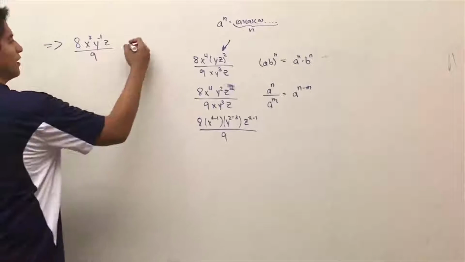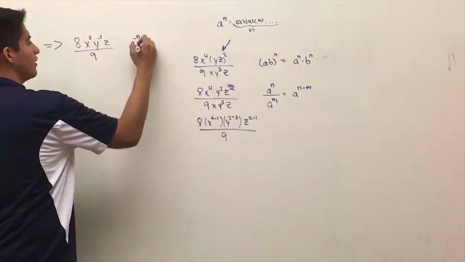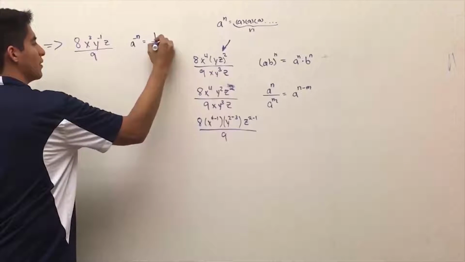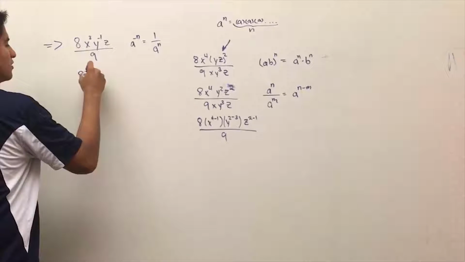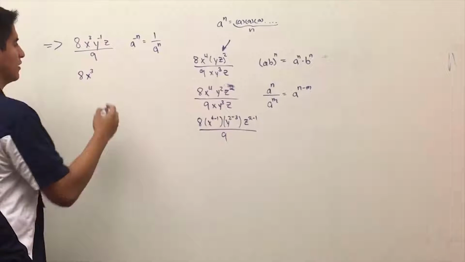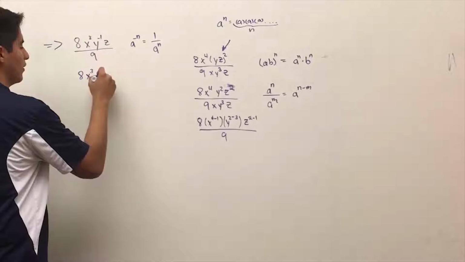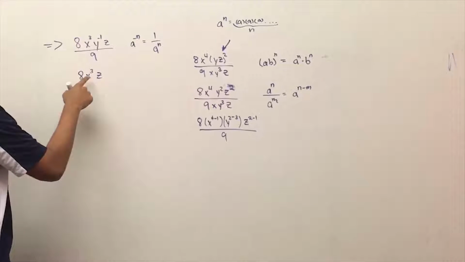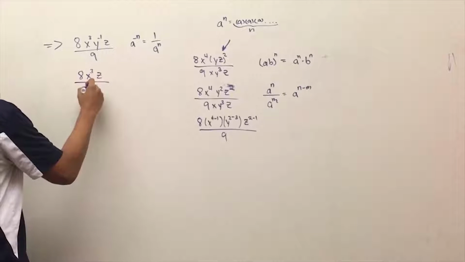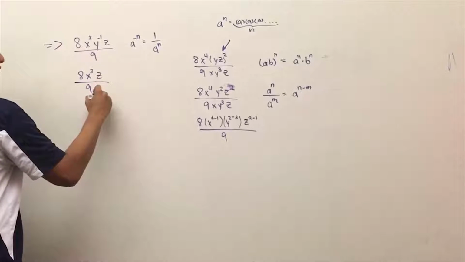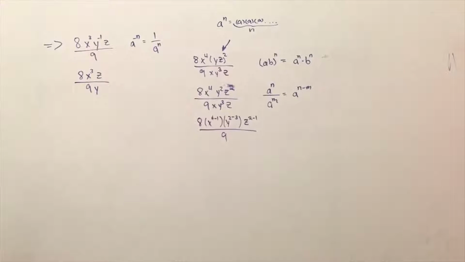That definition stating that a to the negative n is the same thing as 1 over a to the n. If we rewrite this expression using the definition, we are left with 8 times x to the 3rd times z divided by 9 times y. And that's our simplified expression.